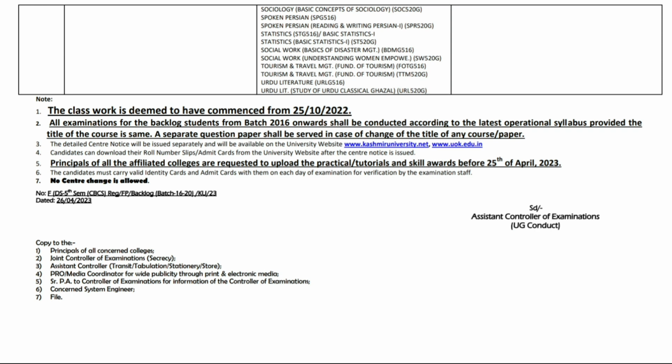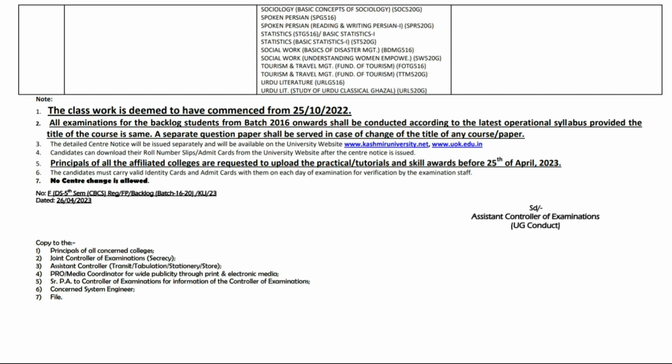If the title of the paper is same, then the paper will be according to the latest syllabus. Roll number slips, admit cards, and center notice will be available on university website.